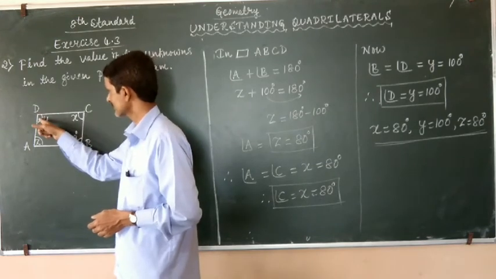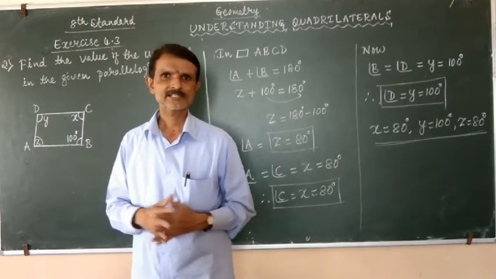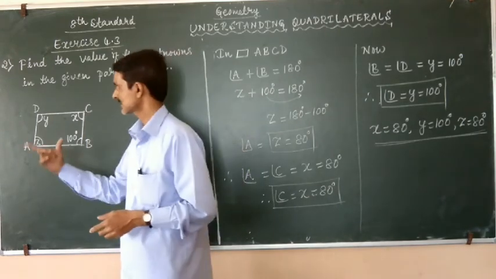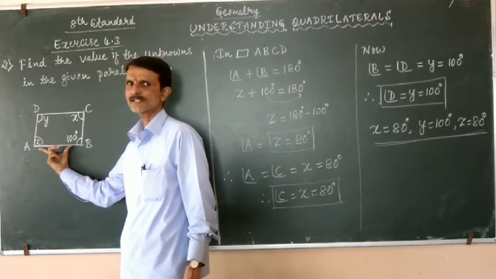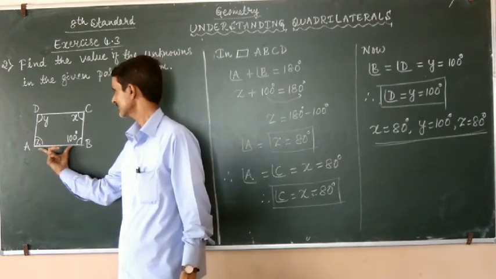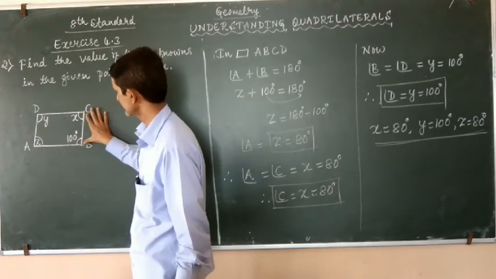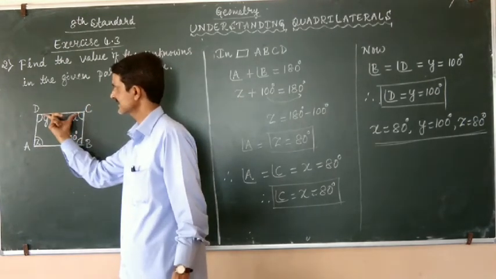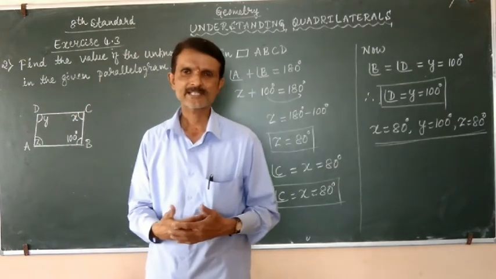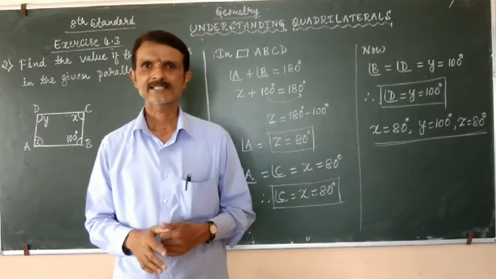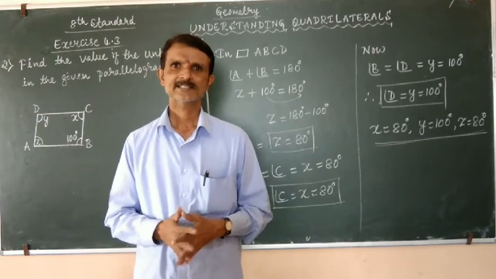Here B equals D, angle A equals angle C. The second one is the sum of adjacent angles of a parallelogram. That means A plus B, B plus C, C plus D, angle B plus A is always supplementary, or it must be equal to 180 degree.